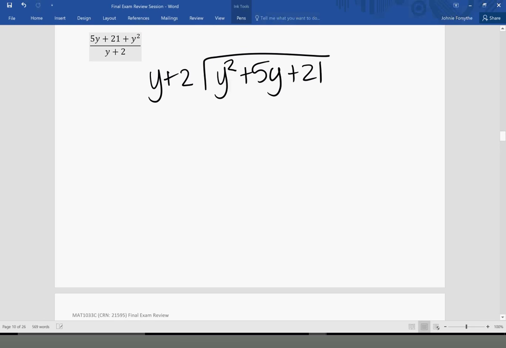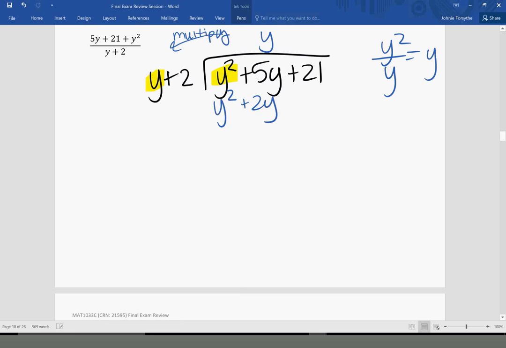So to divide using long division, we're going to take the leading term, y squared divided by y. That equals y. That's what's going to go up here. Now we're going to multiply y times y plus 2. So y times y is y squared. Y times 2 is positive 2y.